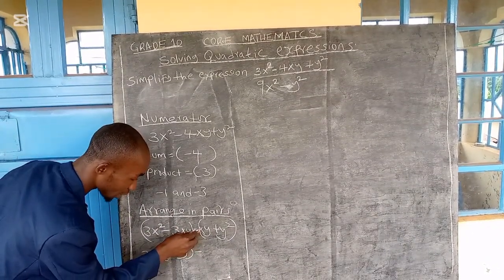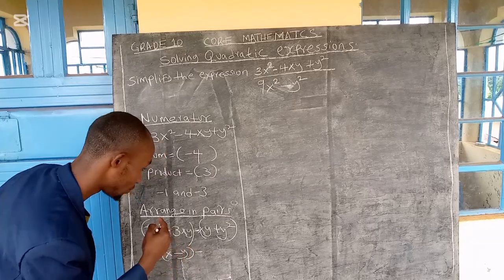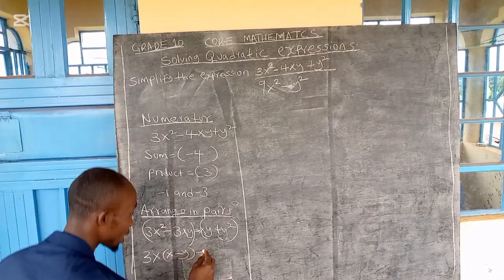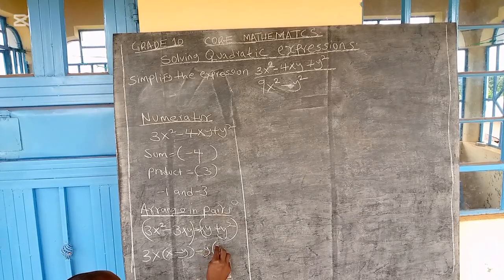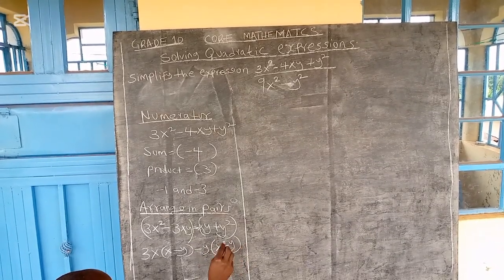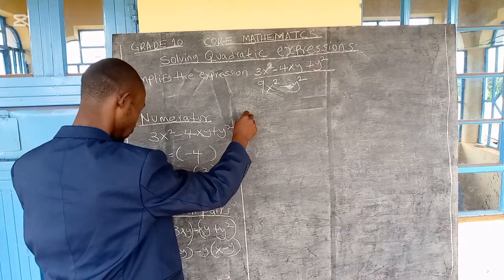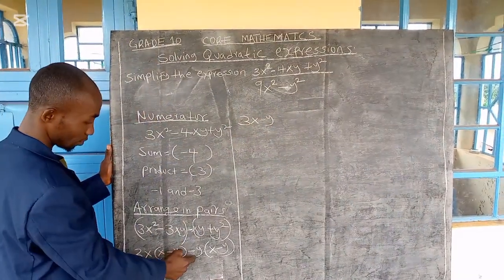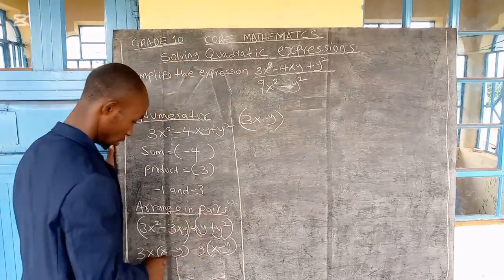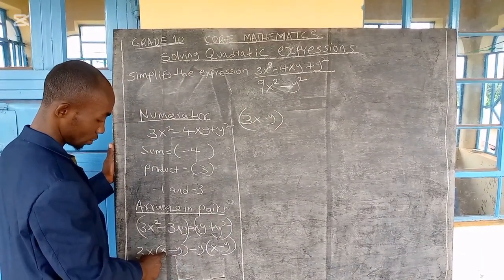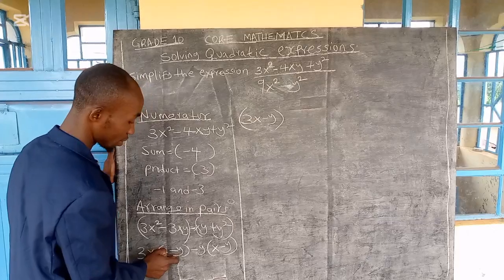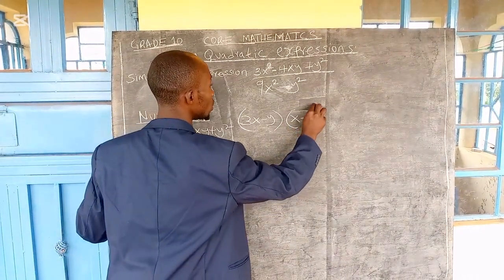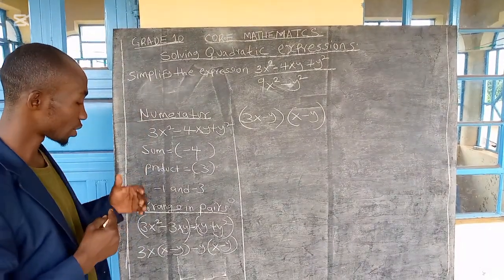Since we have a negative, we are going to affect the positive sign in that bracket. Now let us take what is common, y, into x minus y. So like terms together, 3x minus y, x minus y, the same as this one. So we are finished with what is in the numerator.